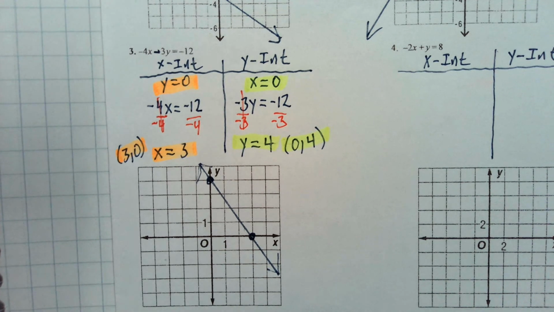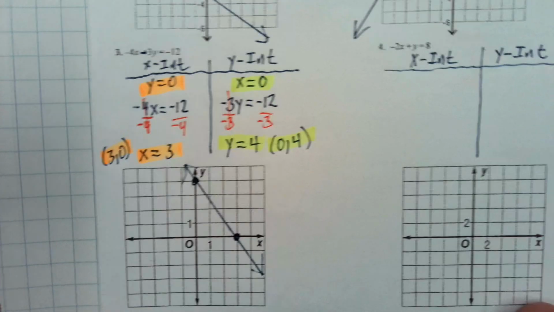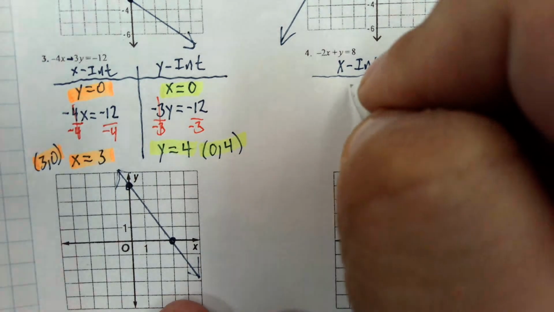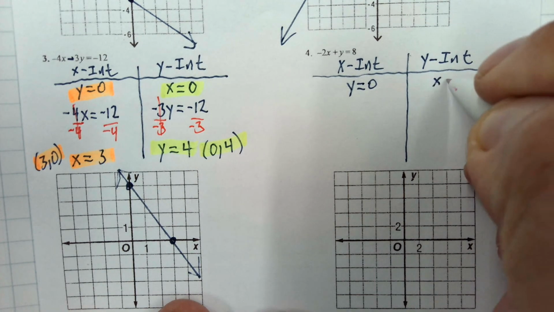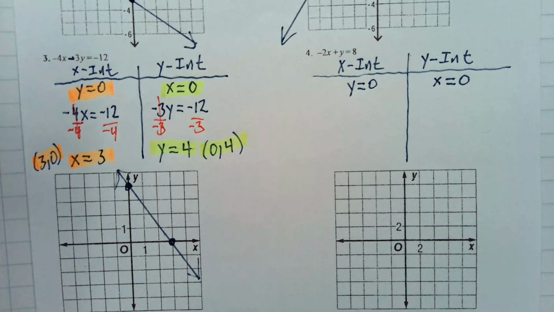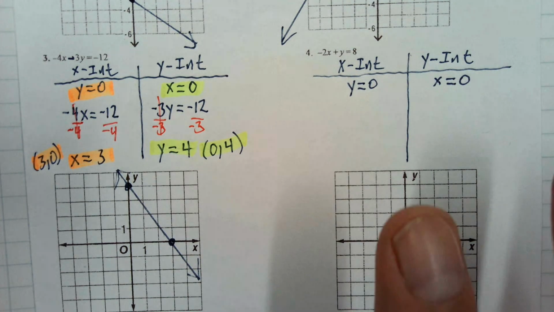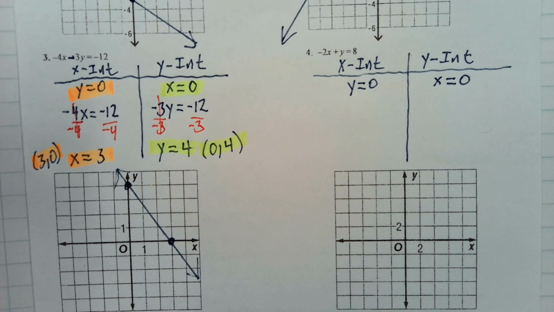Okay? And let's see here. I'm going to let you do this one on your own. I'll get you started. I'm going to say that y equals 0 here, x equals 0 here. And I want you to find the X-intercept and the Y-intercept for this particular one. Okay. Be careful when you're graphing it. We're counting by 2, so this is 2, 4, 6, 8. Same thing here. It's counting by 2s. So work this one out. Figure out the X-intercept and the Y-intercept.